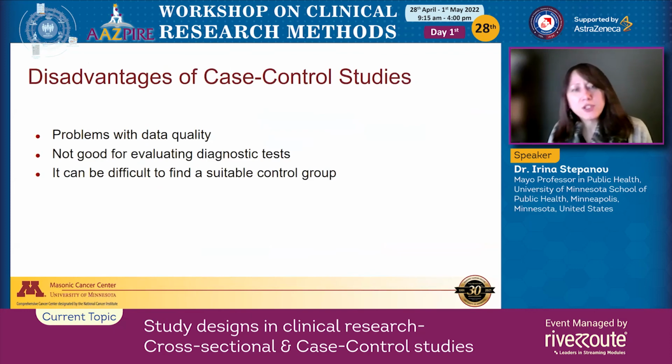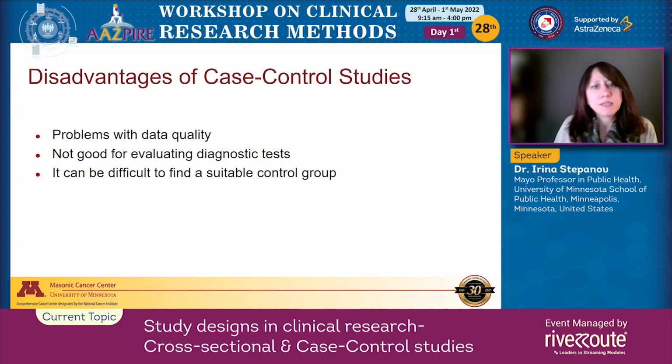Some disadvantages are that you may have problems with data quality, especially if you rely on memory of participants in the study. They are not good for evaluating diagnostic tests because it's already clear that the cases have the condition and the controls do not. And it also can be difficult to find a suitable control group, as I talked about at length.